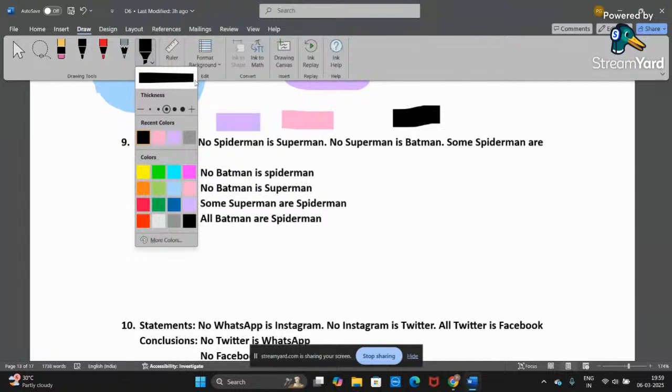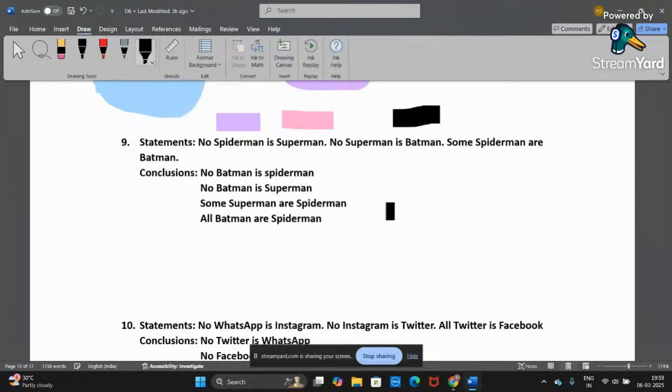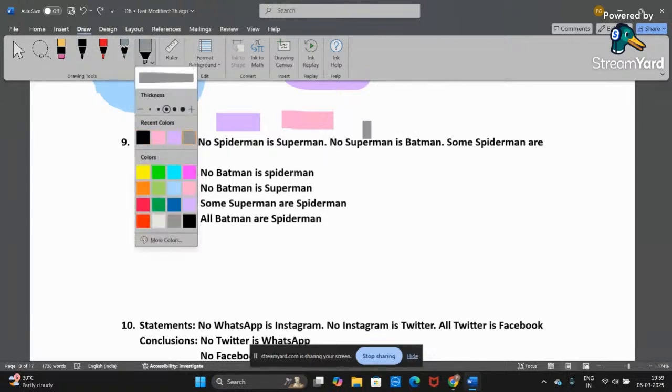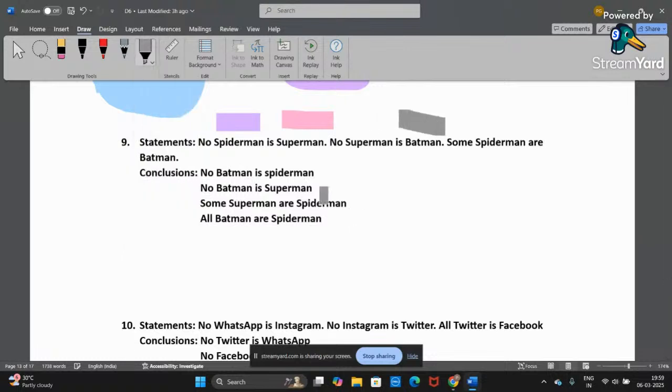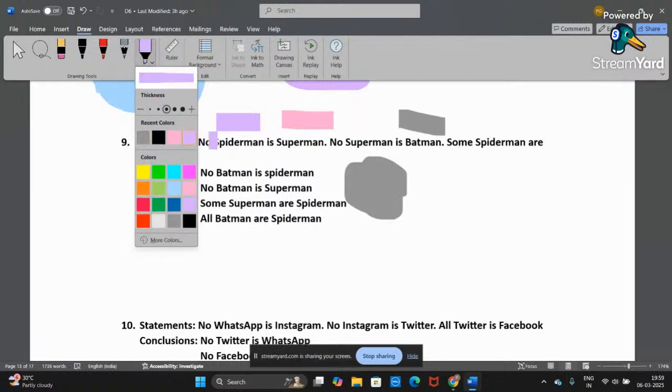It will be easy to analyze. Okay, let's take Batman in gray color. Now let's solve. No Batman is Spider-Man. So Batman is here. Spider-Man, it is purple, right? So no Batman is Spider-Man.